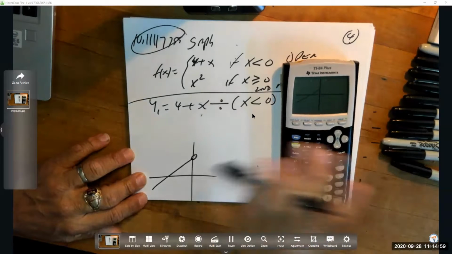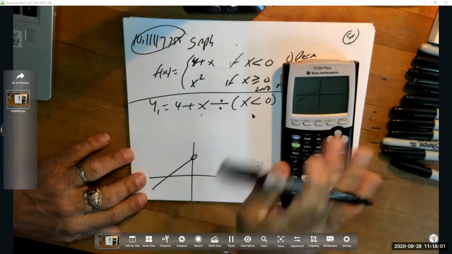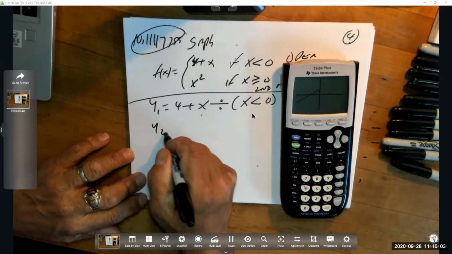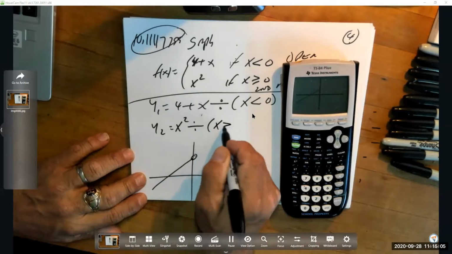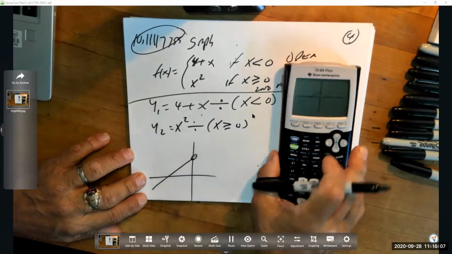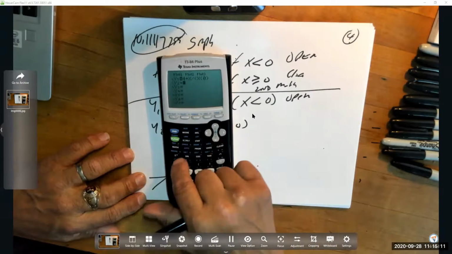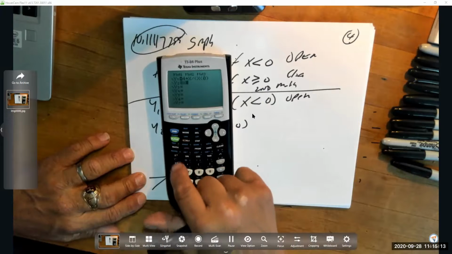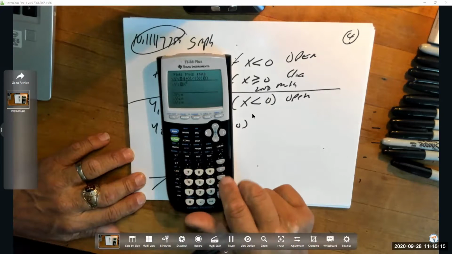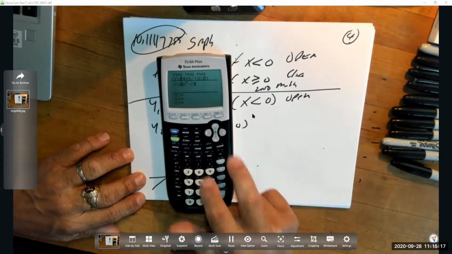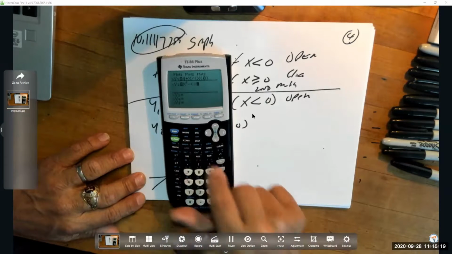Second one, y2 is going to be x squared. So x is greater than or equal to 0. So y, second one, would be x squared, division symbol, x is greater than or equal to 0. Okay.